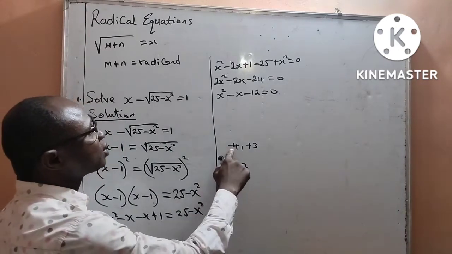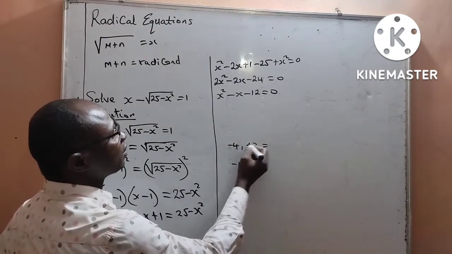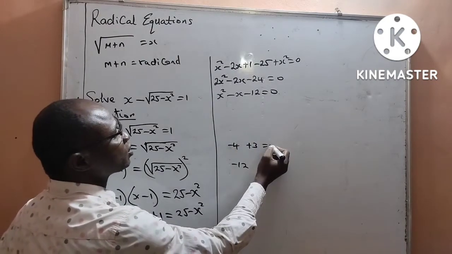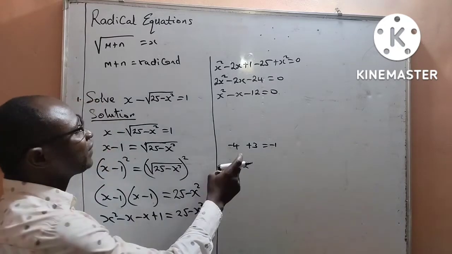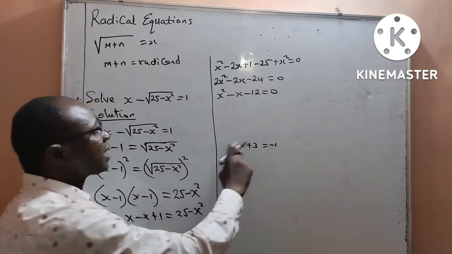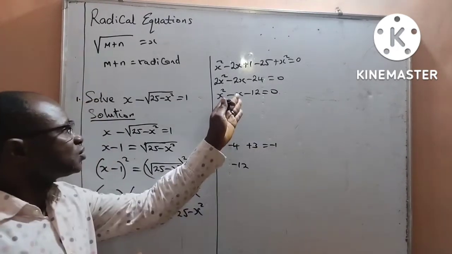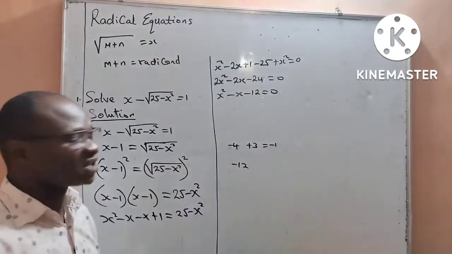And if I add minus 4 and plus 3, it gives me minus 1. So these two values, minus 4 and plus 3, can solve the problem by factorization.